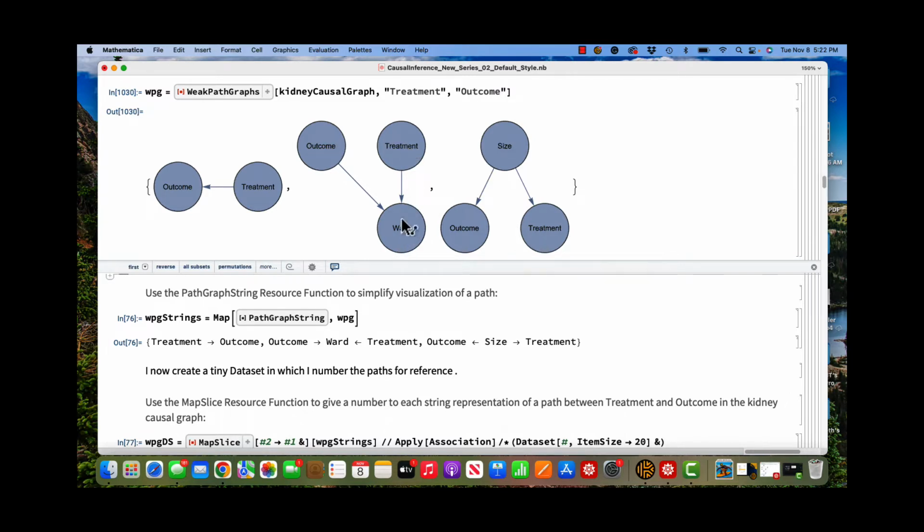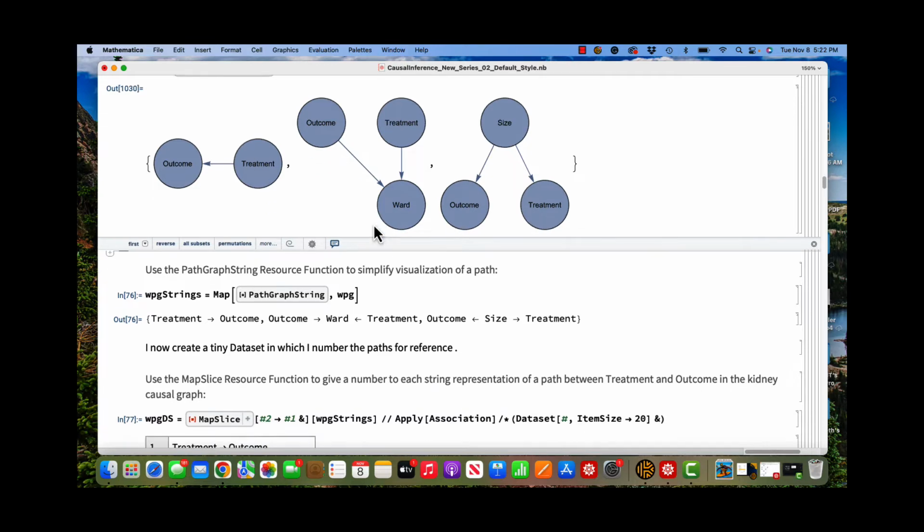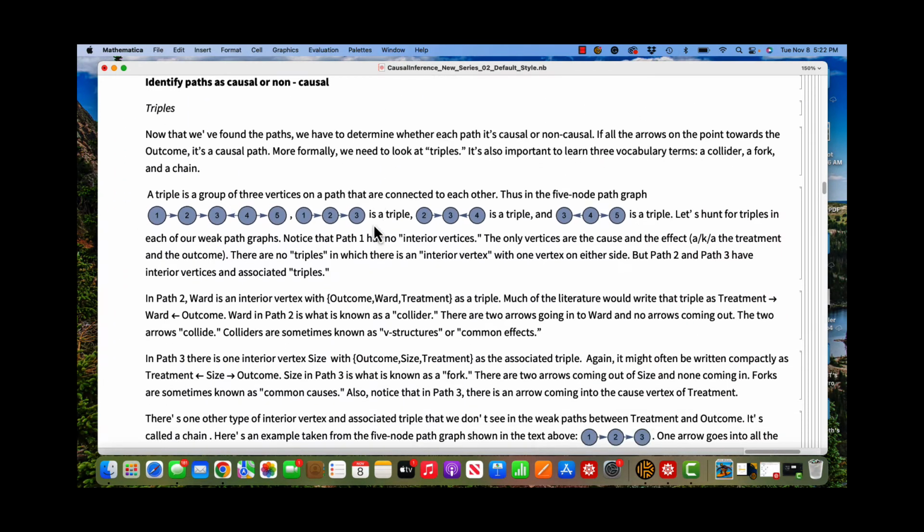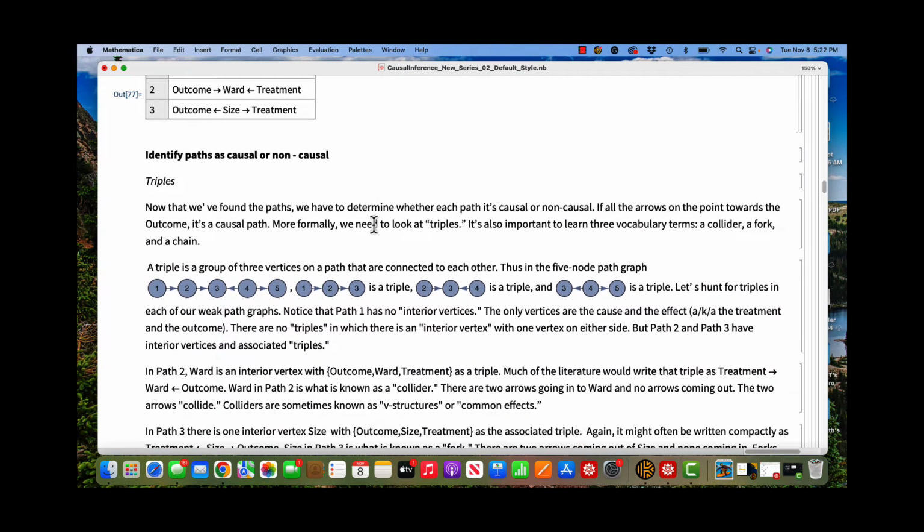I'm really not supposed to do this, but I let you do it at first, but now when it comes to figuring out if it's causal or not, this is not a causal path. Similarly, treatment to size to outcome is not causal because I have to go the wrong way on this edge, okay? So we can separate our paths into causal paths and non-causal paths.